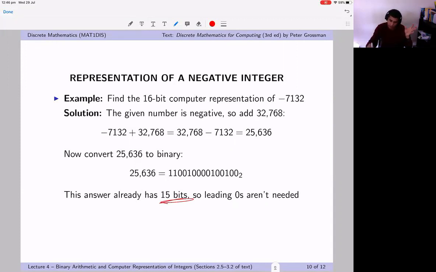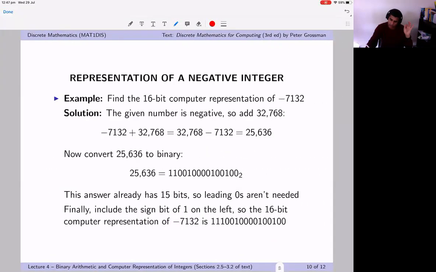So I would put this 1 as the sign bit, and the remaining 15 bits are these. So the only difference between representation of a negative integer from the positive integer is that you simply add 32,768, so that we could store it here.